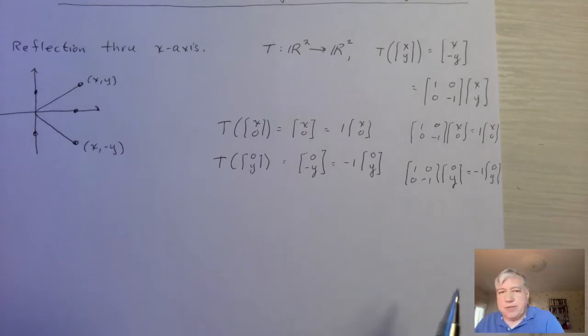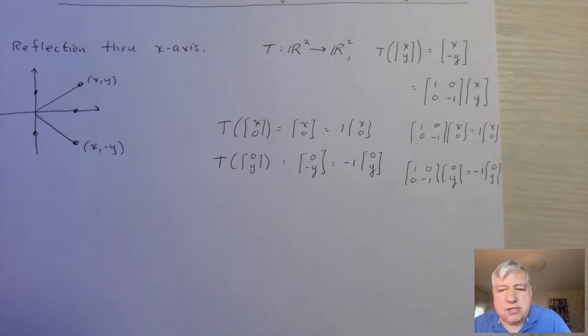So we have this case now. We know in general, of course, that a function that multiplies a vector by a constant is going to be a linear transformation. That's easy to check.